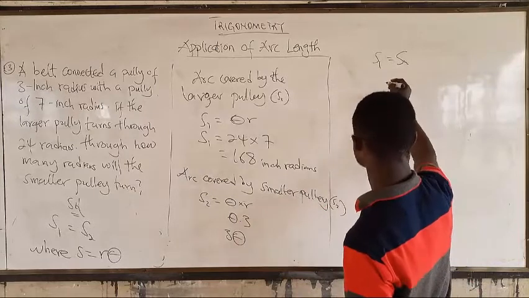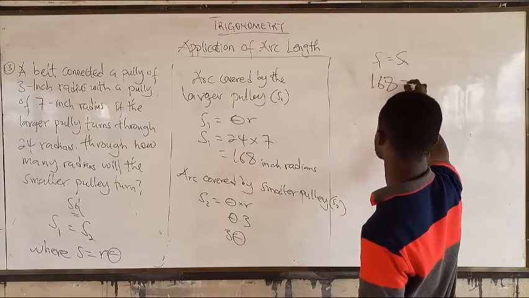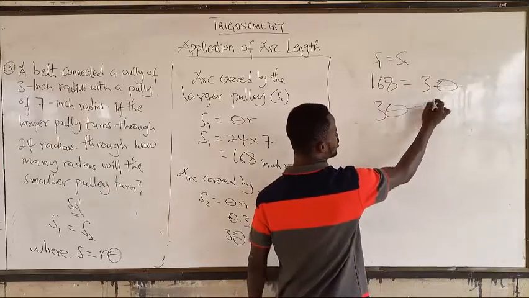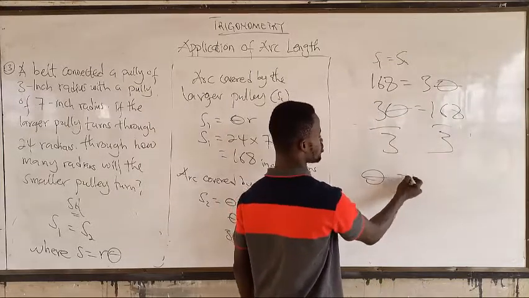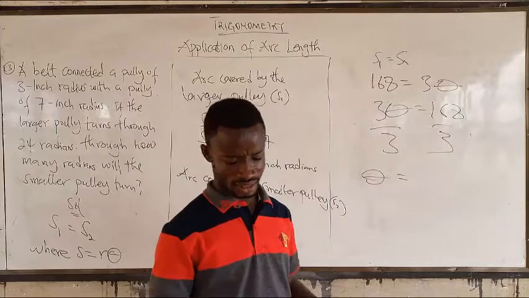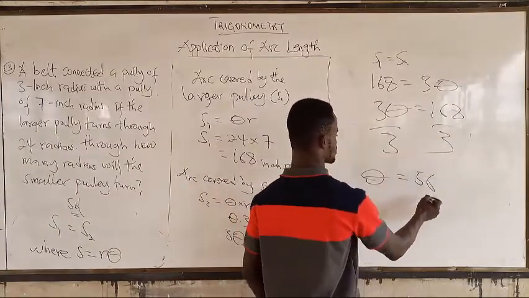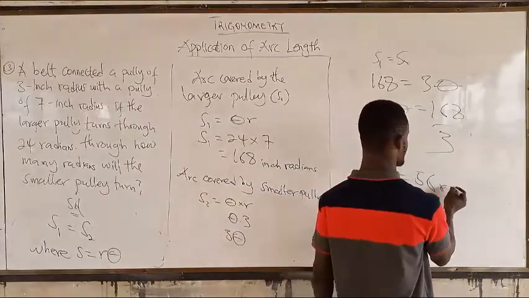So here 168 is equal to 3 theta. Divide both sides by 3. So theta will be equal to 56. 56 what? 56 radians.